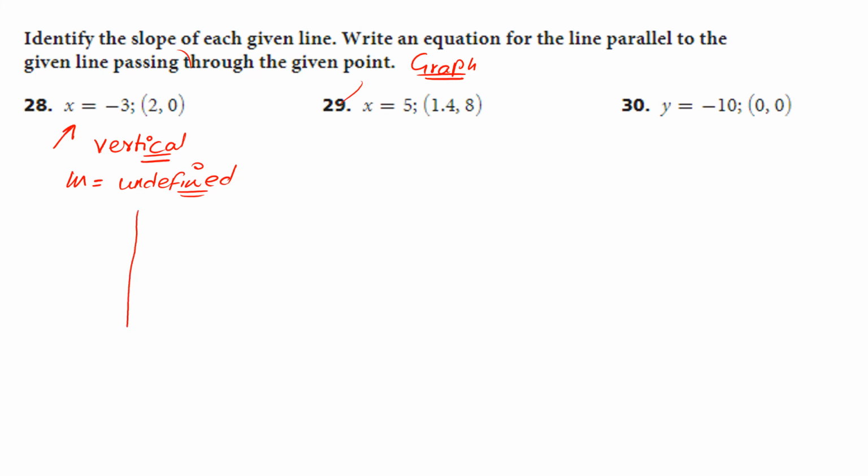Now first of all, sketch the graph. x equals -3. So -3 is here. When an x value is written, it means you are going to make a vertical line. Now it passes through the point (2, 0). So where is the 2? Here is the 2 and 0.